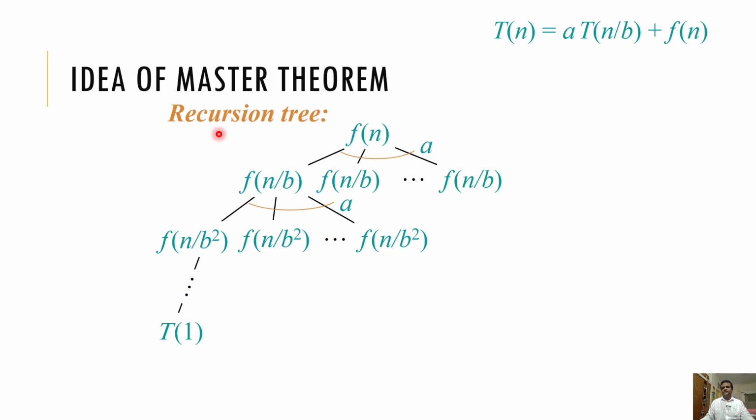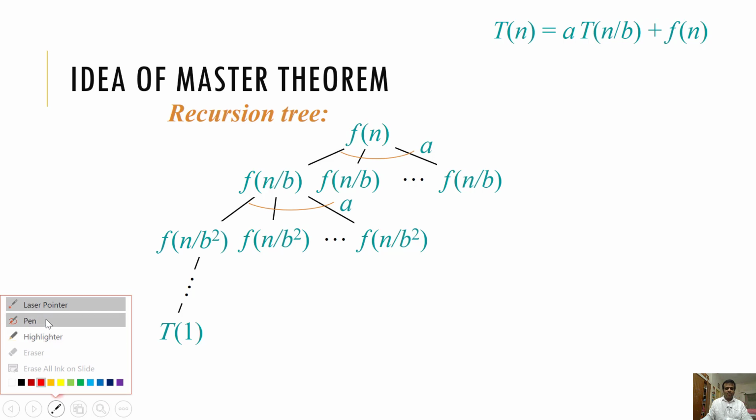If you draw the recursion tree, Tn is the time to execute an input of size n, and this is divided into a many subproblems, each of lesser size, and the size of each subproblem is n by b. Then we solve these subproblems recursively to get the solution of the whole problem.